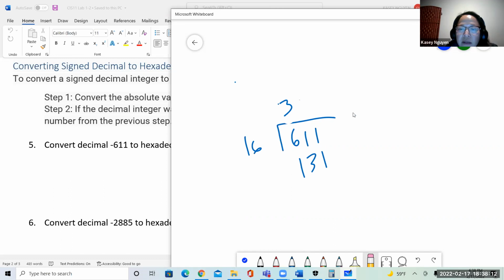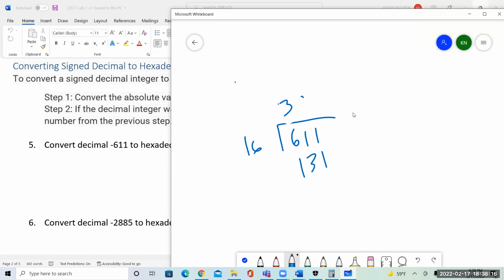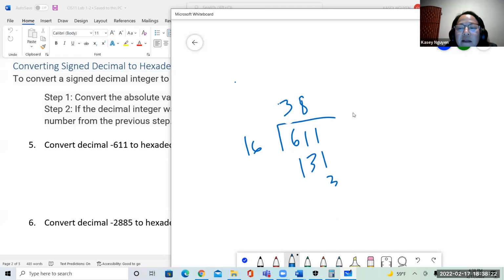Sorry, let me say that. Should be 8, remainder 3, right? So 8 times 16 is 128. So that will be 3. You're correct. So this is important, your R3. But we're not done.